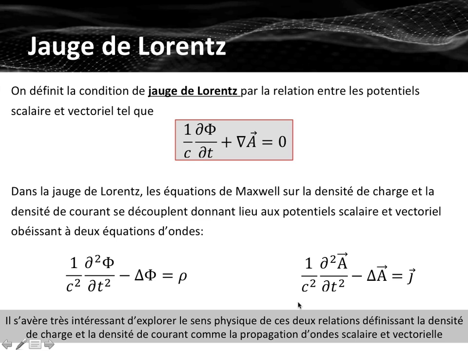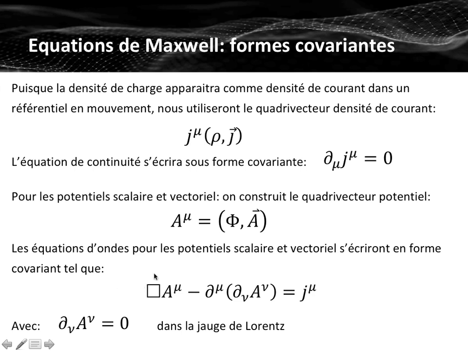Now, these two wave equations that relate charge density and current densities are obtained if we look into this part, which is actually in a covariant form. This wave operator is nothing else than the d'Alembertian, which, if you recall, is the scalar product of partial mu with partial mu.